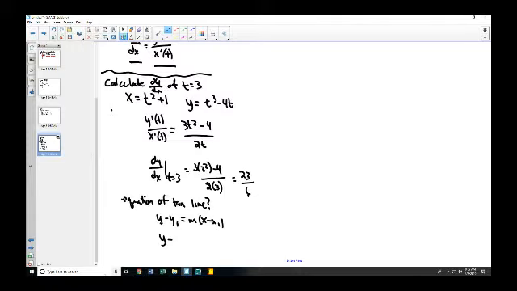Just plug 3 in, because this is the time.